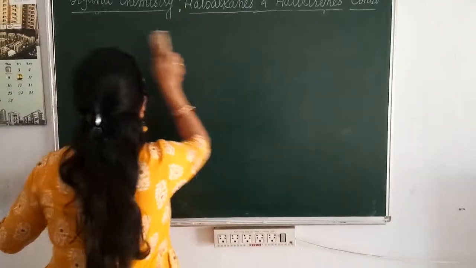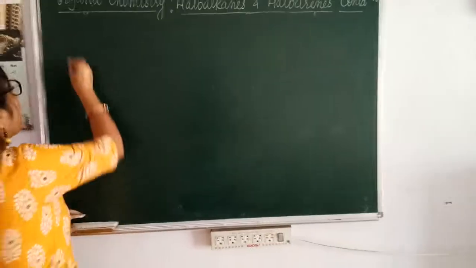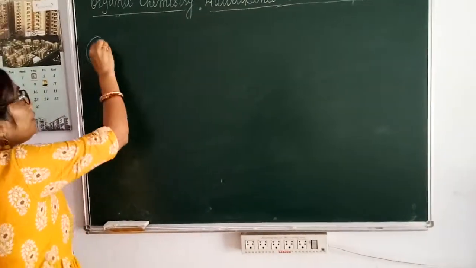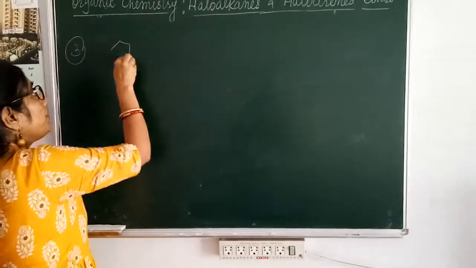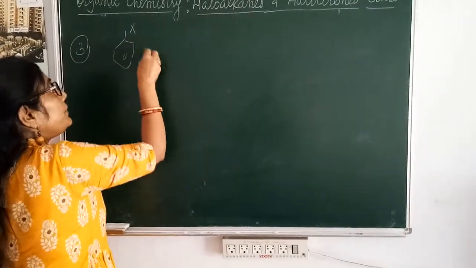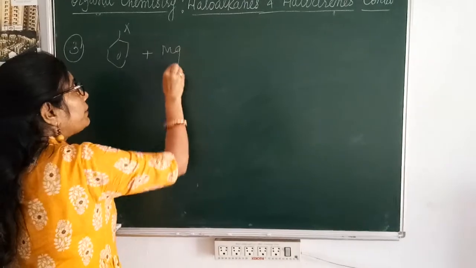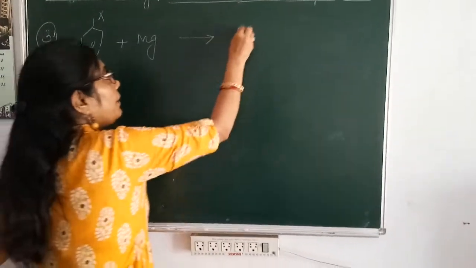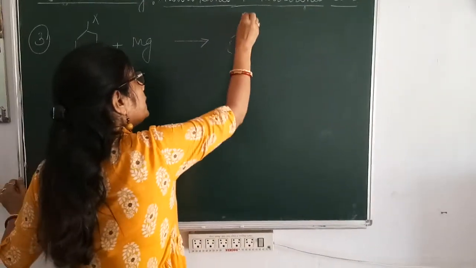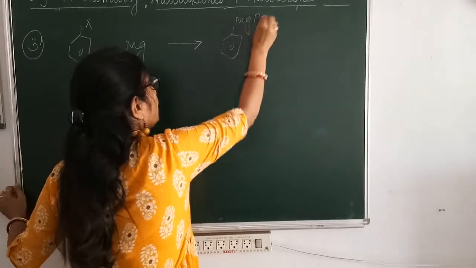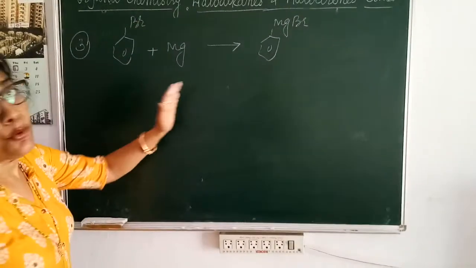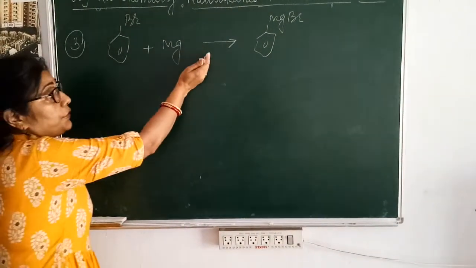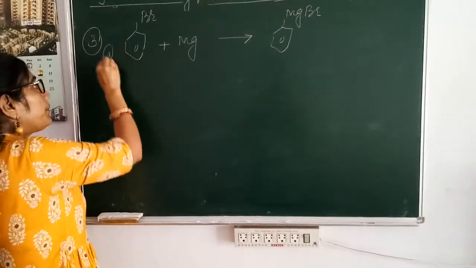Now the next reaction is reaction with metals. As usual, here also organometallic compounds are formed. When haloarenes are treated with magnesium metal, say if bromide is there, we get phenyl magnesium bromide, and dry ether is used as a solvent here.